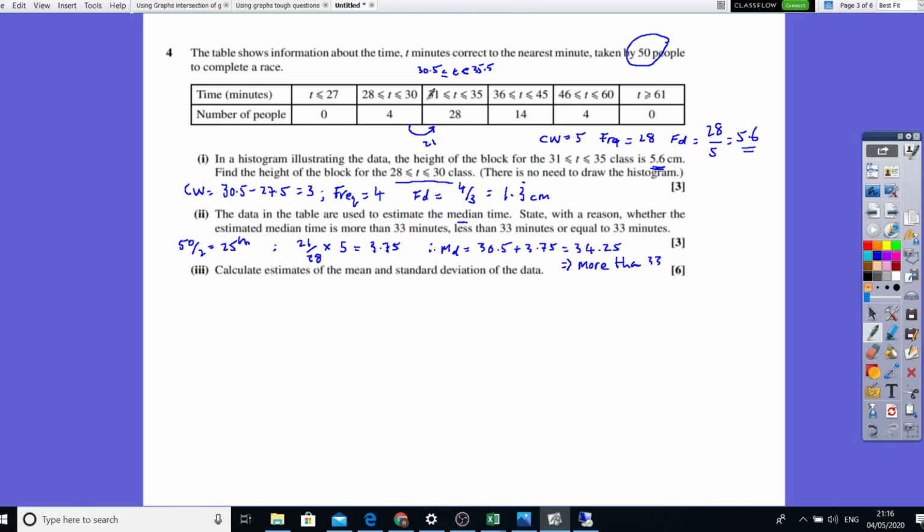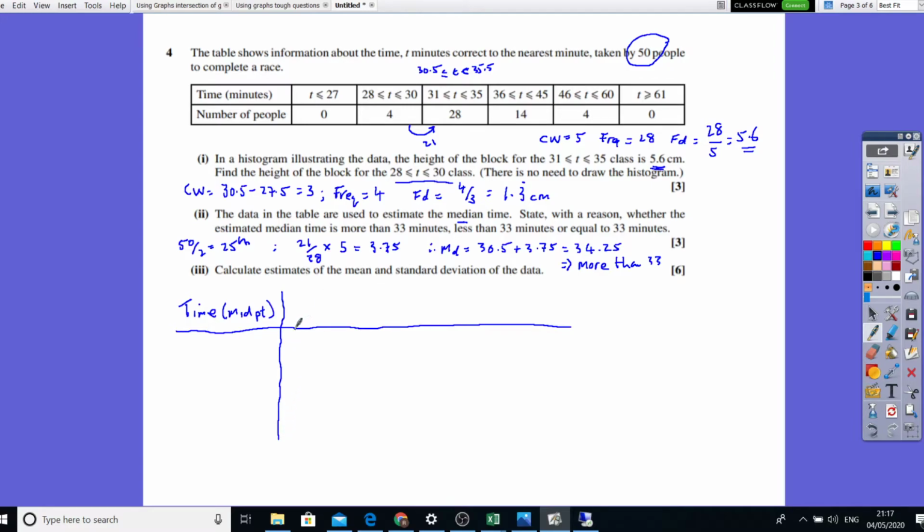I'm just going to straight away shout out the midpoints on here. So time is going to be my first point. I'm using the midpoint here. Let's just draw the line coming down here. Just be careful.